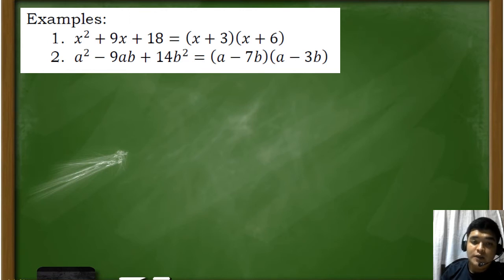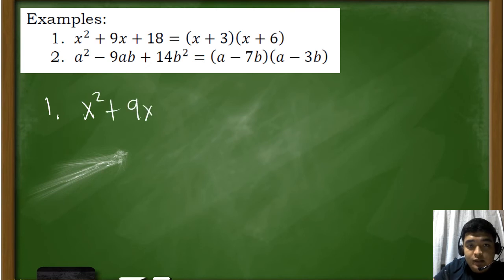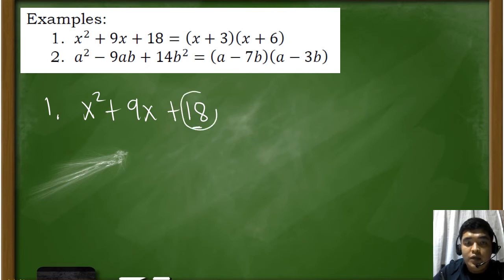Okay, let's solve. For number 1, x squared plus 9x plus 18. If the coefficient of x squared is 1, we go here directly. We look for factors of 18 that, when added, give 9.